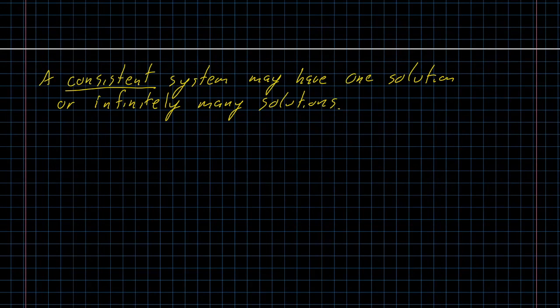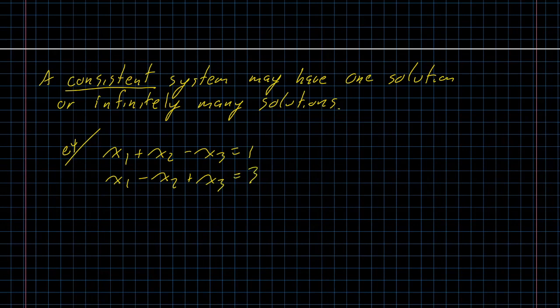Both situations, both types of results are referred to as consistent systems. So as a quick example here, consider this system. x1 plus x2 minus x3 is equal to 1.